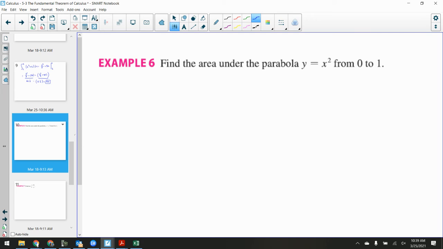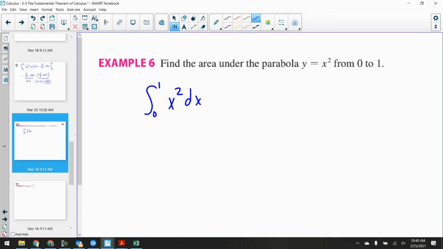Find the area underneath the parabola y equals x squared from 0 to 1. I hope we can understand that this transfers from words into this notation. If I'm going 0 to 1, that's my integral. And if I want the area underneath my curve, I want to calculate the integral of x squared dx.